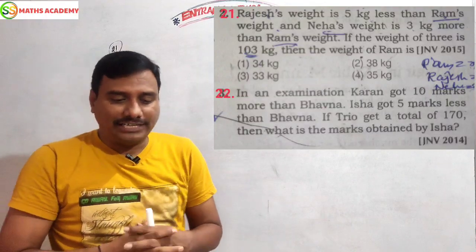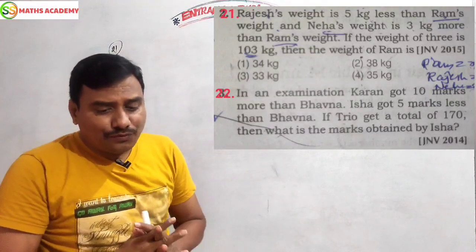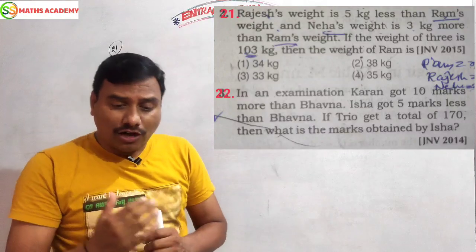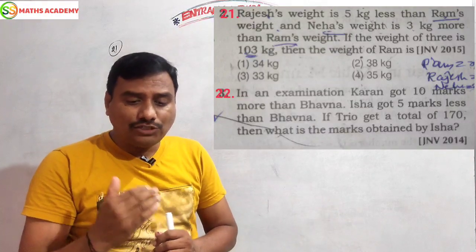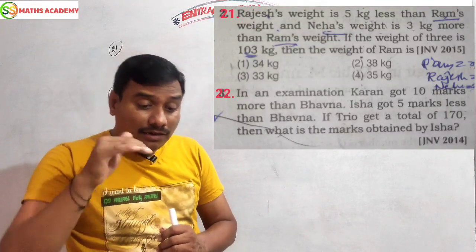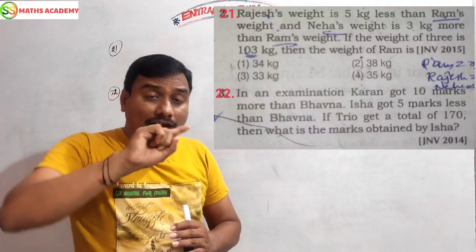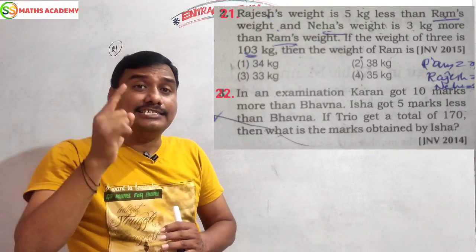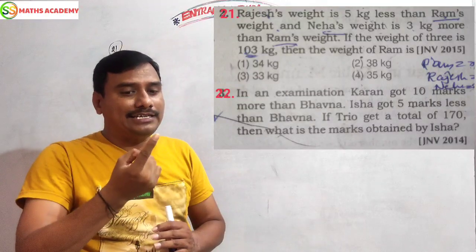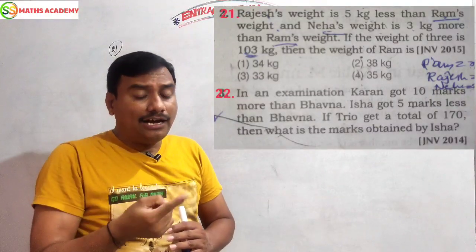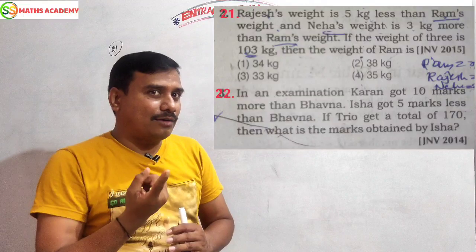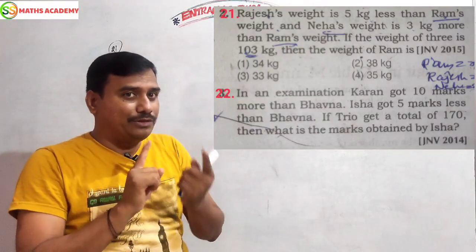Okay. Number 21. I am reading from my textbook. Rajesh's weight is 5 kgs less than Ramu's weight and Neha's weight is 3 kgs more than Ramu's weight. Here the words less than and more than will be easy.